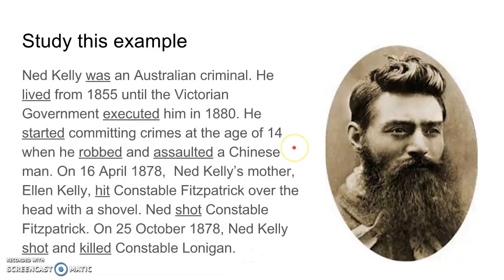Oh, very, very serious crimes that Ned Kelly committed there. Let's talk about them a little bit. Here we have was. We have the word lived and executed. All of these verbs, every one, are written in the past simple tense. Some are regular: lived, executed, started, robbed, assaulted, killed. These verbs are regular, past simple tense.